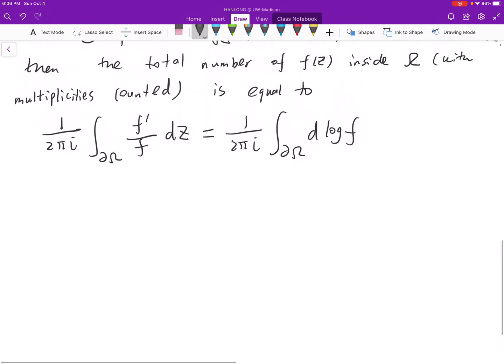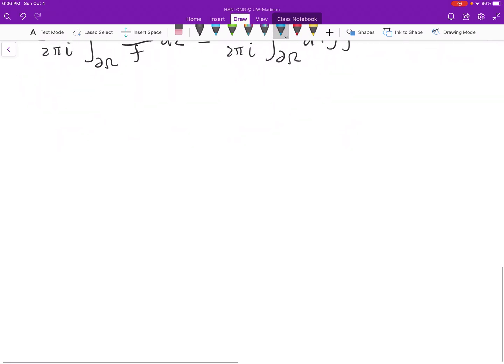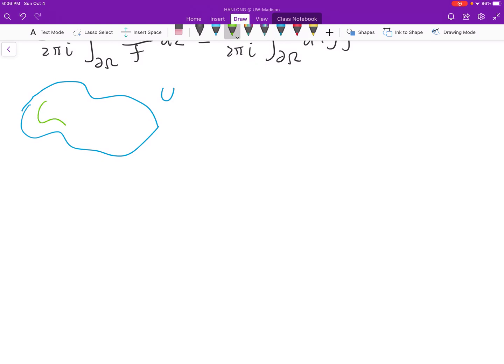Okay, and if you draw a picture, suppose you have a domain, let's call this U, and inside you have the domain omega with piecewise smooth boundary, so that you can define the line integral along the boundary. And probably you have several pieces, not only one. Then f(z) has some zeros inside, not on the boundary by the assumption.